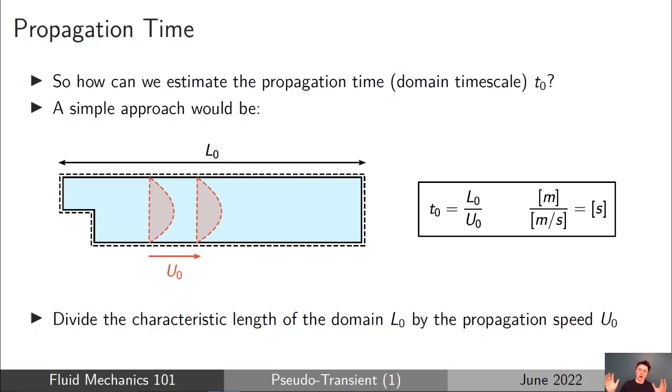If you think of the entire CFD solution domain together as a unit, if you think of some characteristic length for this shape, maybe that's the length from one end to the other, or maybe it's the square root of the area, that would be your length. And then if you knew the characteristic speed, in this case the speed at the inlet might be a good idea, you could divide one by the other, and that would give you a characteristic time, or how long it would take this boundary effect to propagate across the domain.